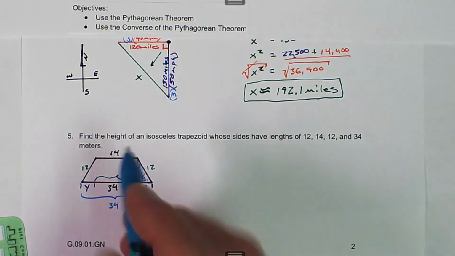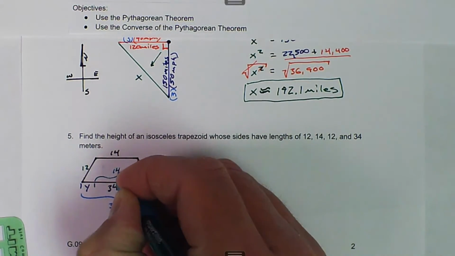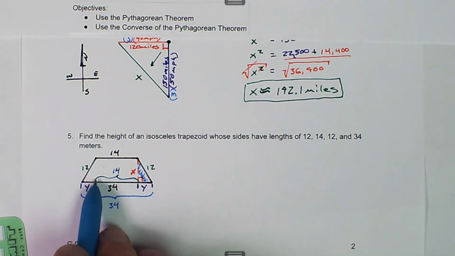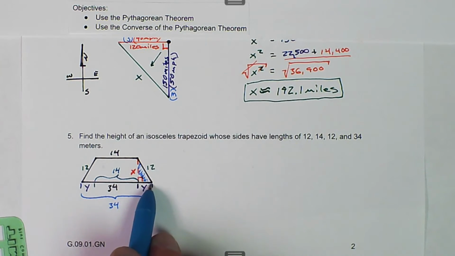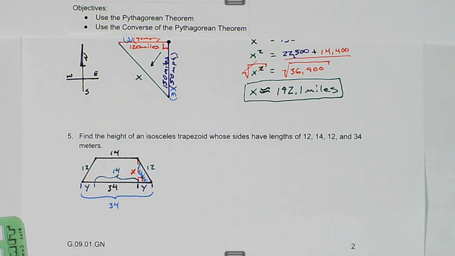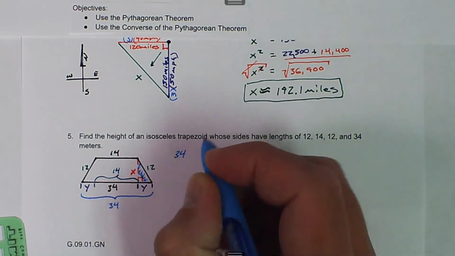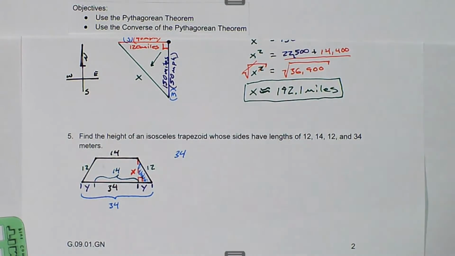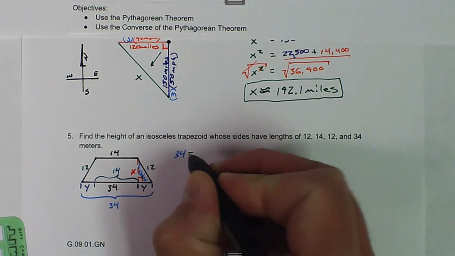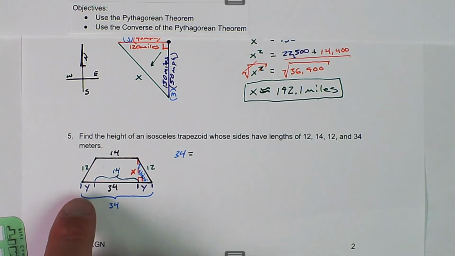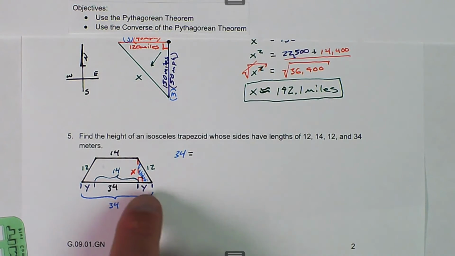Well, this distance right here is 14. So we can set that up. So 34 is equal to y plus 14 plus y.